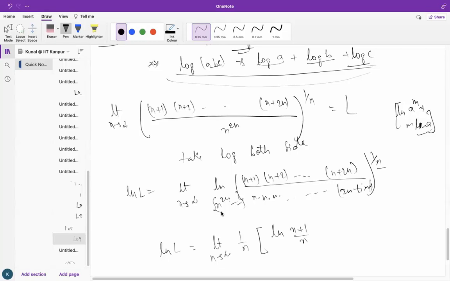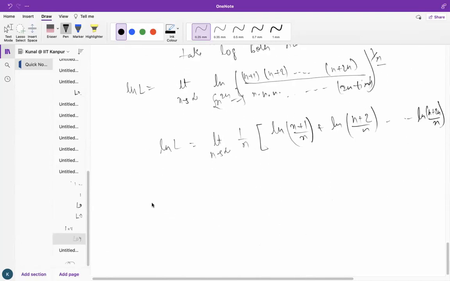Right now, what you have to do, let me go through here. So it will be like ln n plus 1 by n, plus ln n plus 2 by n, and so on till ln n plus 2n by n.